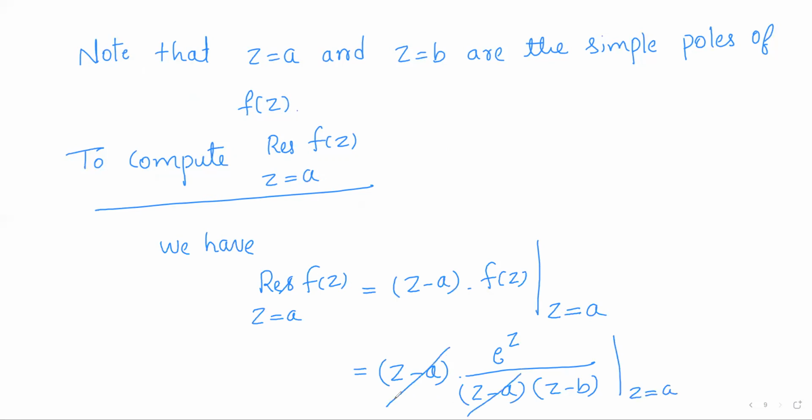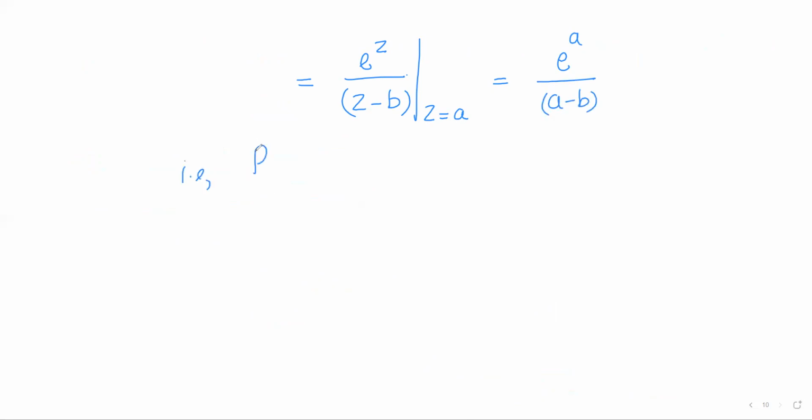So the factor z minus a gets cancelled. So we remain with e to the power z divided by z minus b at z is equal to a. So put z is equal to a. So e to the power a divided by a minus b. So this is nothing but the residue of f of z at z is equal to a, which is equal to e to the power a divided by a minus b.